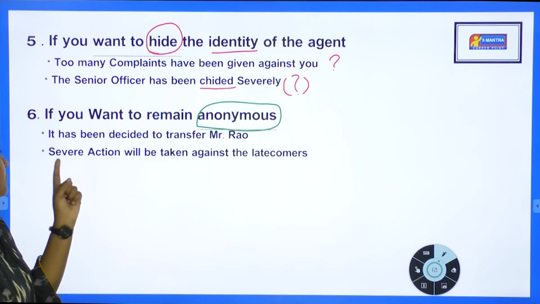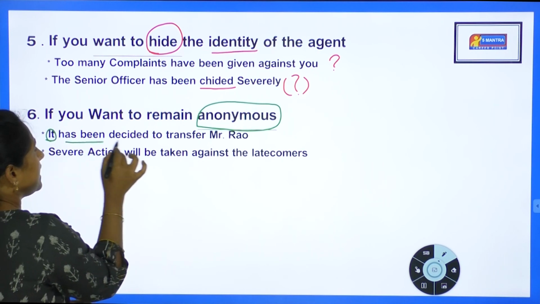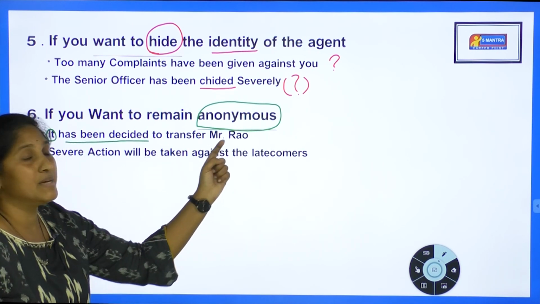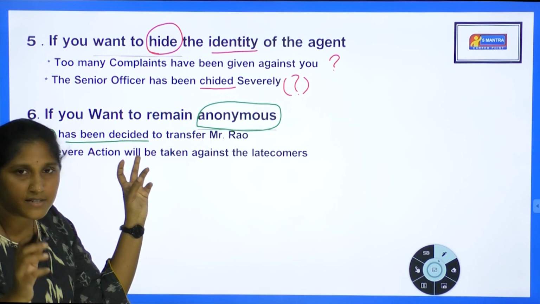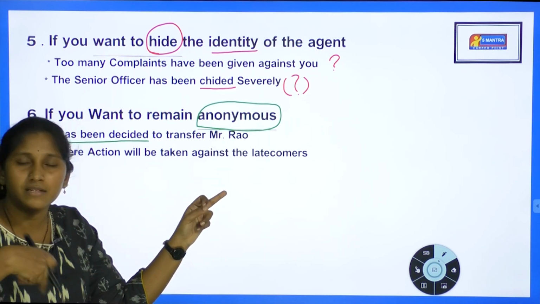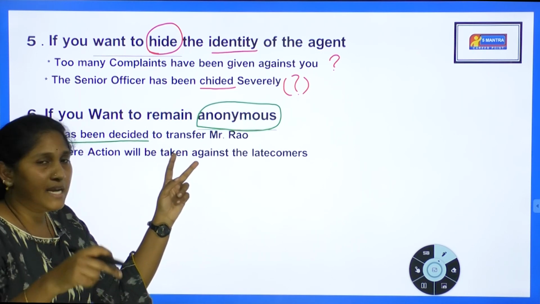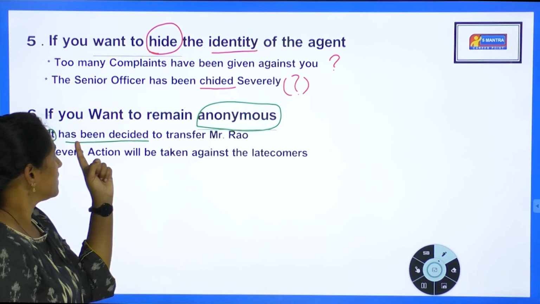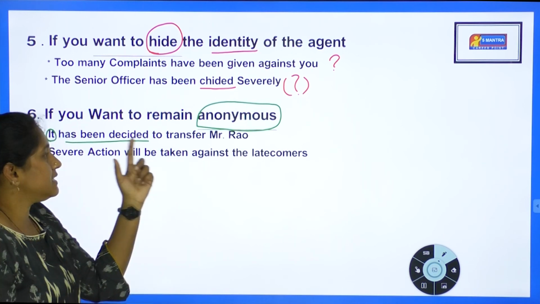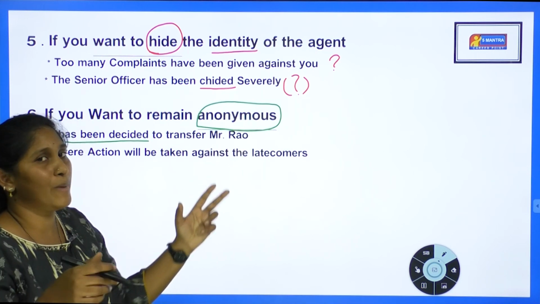If you see the example, it has been decided to transfer Mr. Rao. Here you are the speaker. You only are telling this expression, but you don't want to mention it.